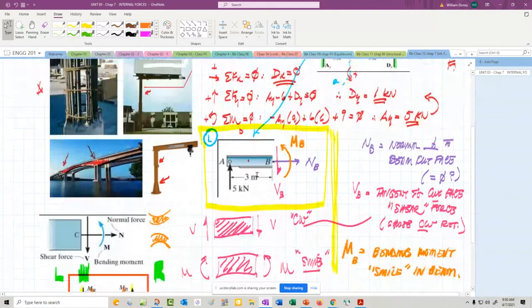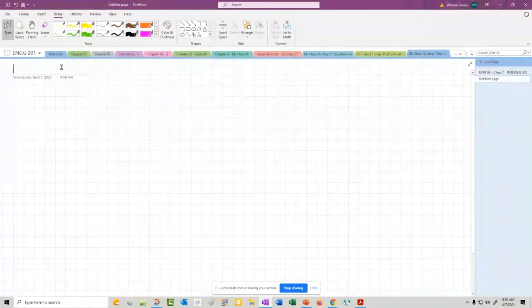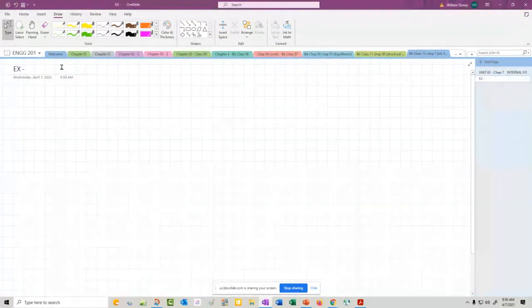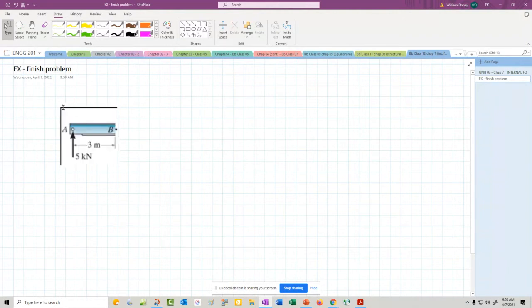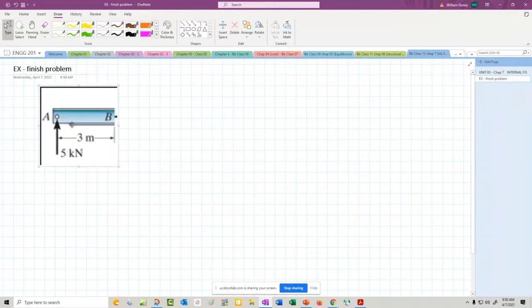All right, what I'm going to do is just finish this problem real quick here. So let me grab this section again and go to the next page and finish that problem. This is a pretty easy one.